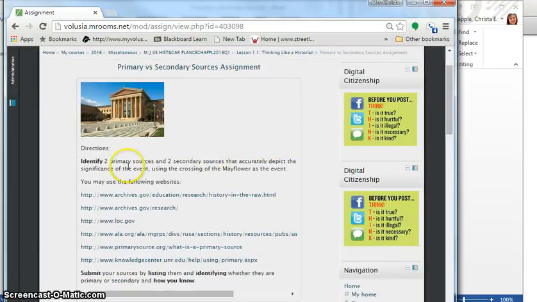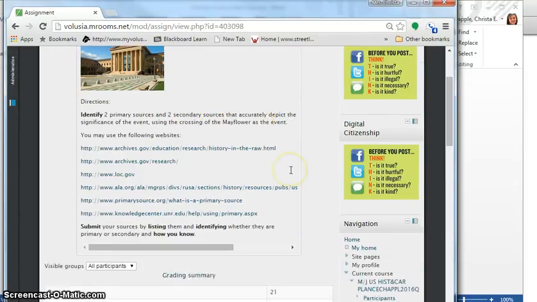So now what I want you to do is identify two primary sources and two secondary sources that accurately depict the significance of the event, and we're going to use the crossing of the Mayflower as the event. Okay, so you can use these websites to help you. You can submit your sources by listing them and identifying whether they are primary or secondary and how you know that.